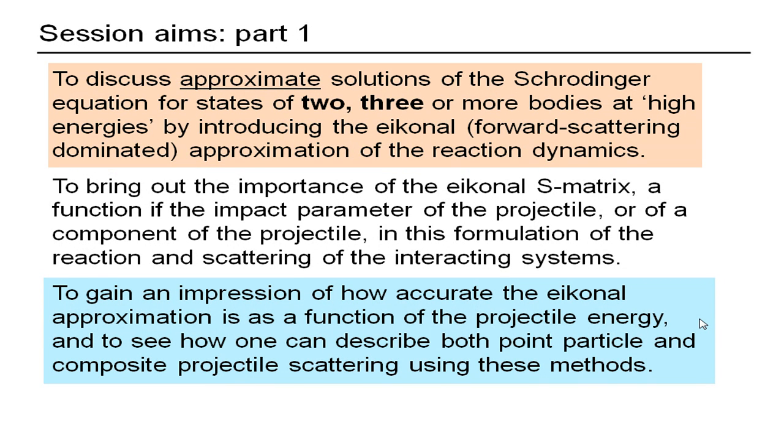Okay, so this is what I want to talk about this morning. I think I've said most of this already. I want to discuss approximate solutions of the Schrödinger equation for states of 2, 3 or more bodies. Okay, Antonio showed with the coupled channels method, and he hinted how difficult it was, to solve for a 3-body projectile scattering from a target. And we heard the words Faddeev equations and things like this, okay?